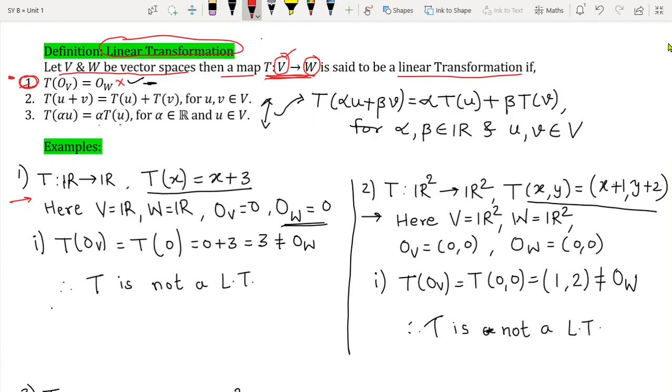Now observe that after the first condition, we go towards what? Second and third condition. But as I have told you before, these two conditions can be combined into this one condition only, right? This one.